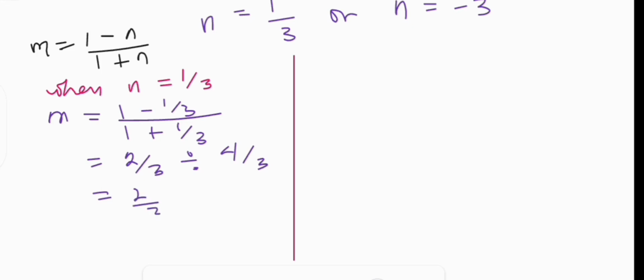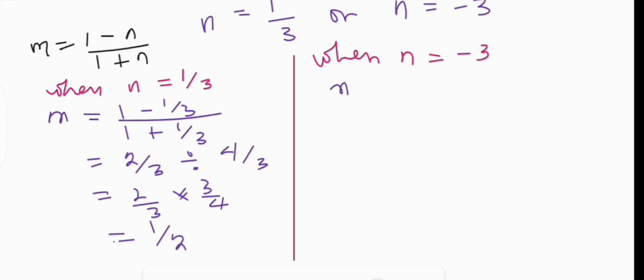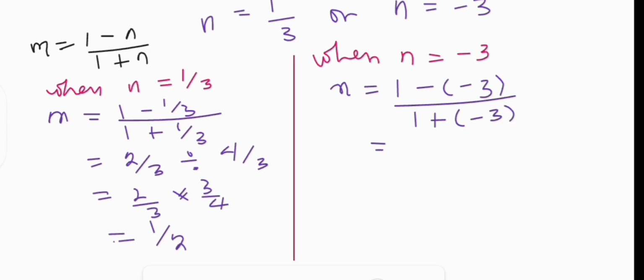This is 2 over 3 times 3 over 4. 1 over 2 is the value of M when N is 1 over 3. Also, when N is negative 3, M is going to be 1 minus negative 3 over 1 plus negative 3. This is 4 over negative 2, and that is negative 2.